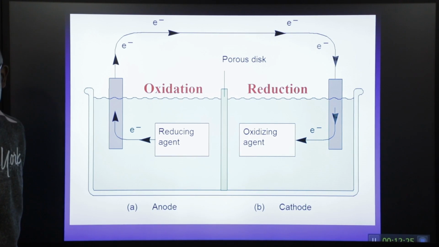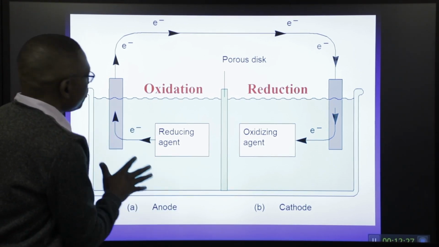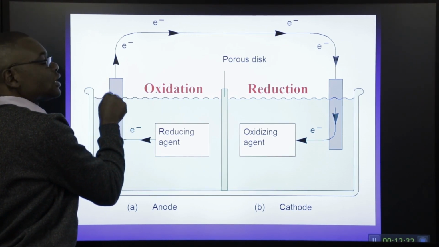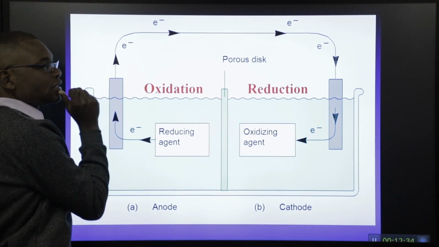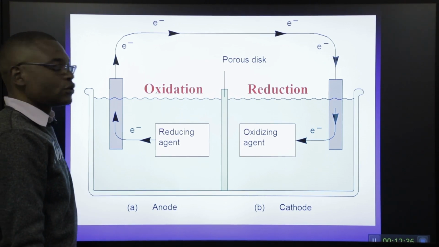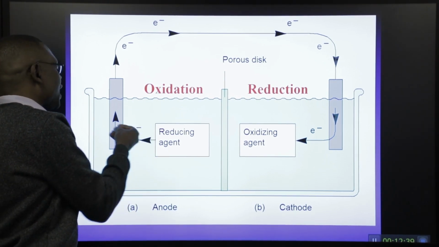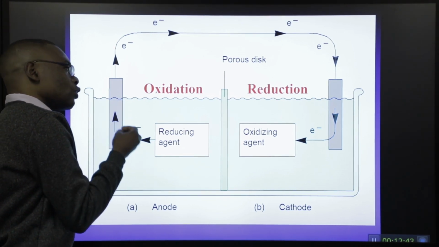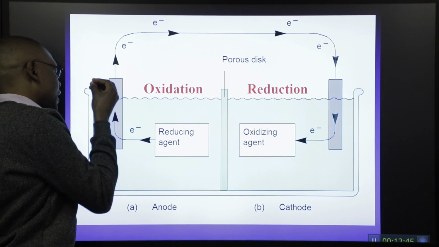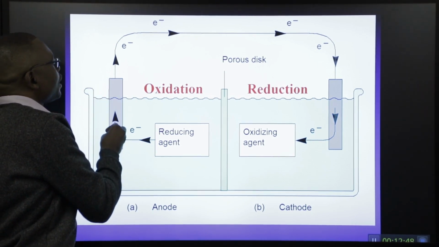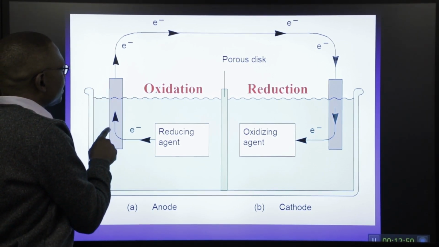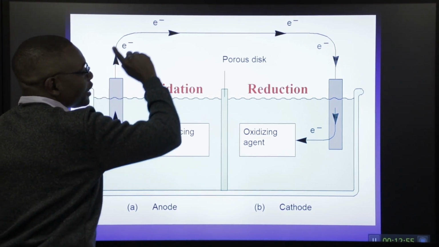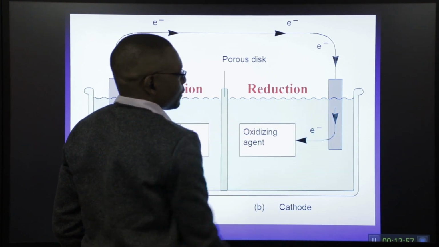So I don't want you to confuse this phenomenon, as others will think that it is the electrode itself which is giving out electrons, and then the ions are picking up the electrons from the anode. No, it is the ions which are losing their electrons, and their electrons are picked up by the anode, and the anode carries the electrons out of the solution, and then they are carried through to the cathode.